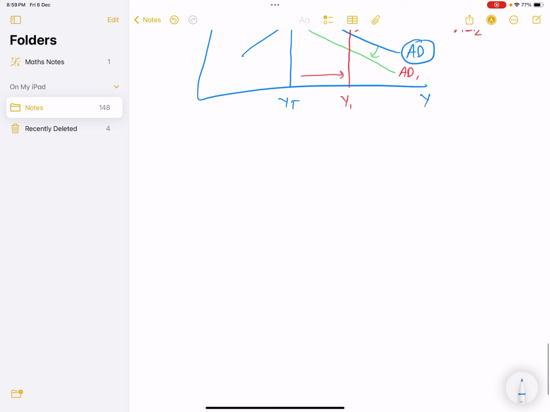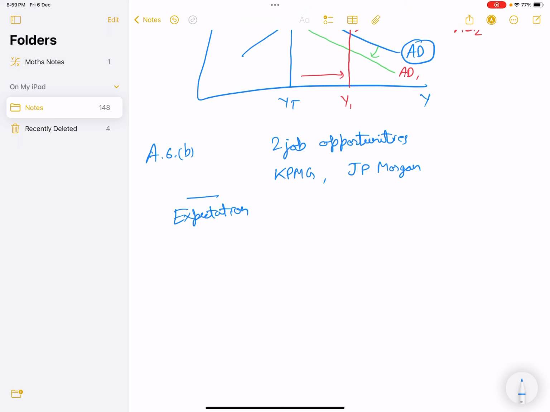Okay, now I'll give you a brief example first. Suppose you have got two job opportunities, in KPMG and JP Morgan. Expectation hypothesis would state you are only concerned about the salary.